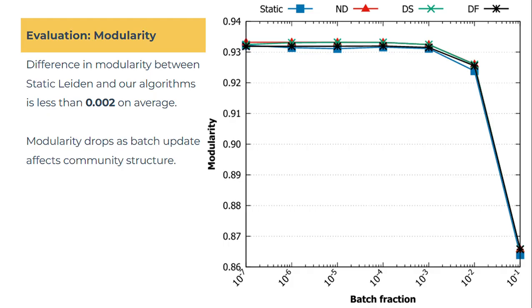In terms of modularity, all algorithms roughly achieve the same modularity. The modularity drops with increasing batch size because the community structure is disrupted by the random batch update. So this shows that our algorithms achieve the same performance in terms of community quality as the static algorithm.